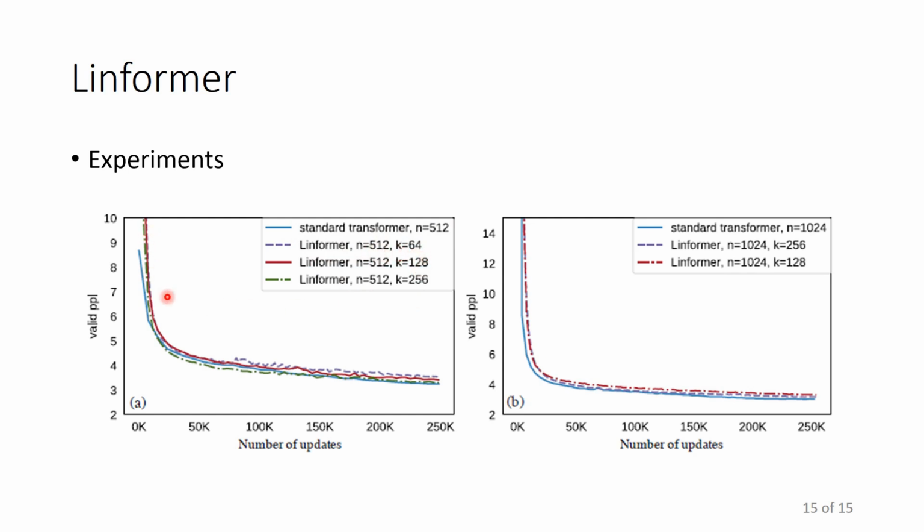And they perform the experiment on different k's: 64, 128, and 256. And as you can see, Linformer is actually matching the performance of the standard transformer, although the complexity of Linformer is linear. It is matching the performance of the standard transformer, and that is really good.